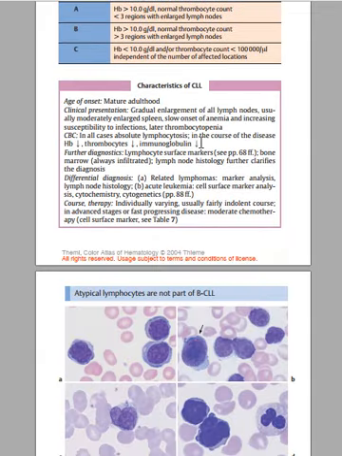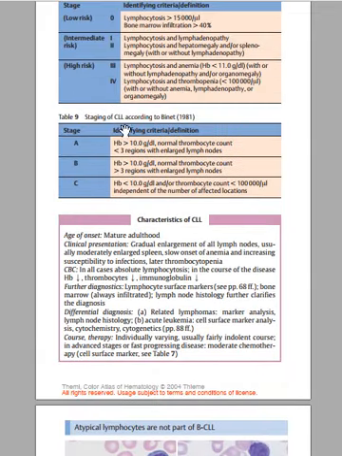The next one is the Binet classification. For the Binet classification, I cannot really explain, but you just have A, B, and C. For A, you have a hemoglobin level of greater than 10 grams per deciliter, with a normal thrombocyte count, and less than 3 regions of enlarged lymph nodes.